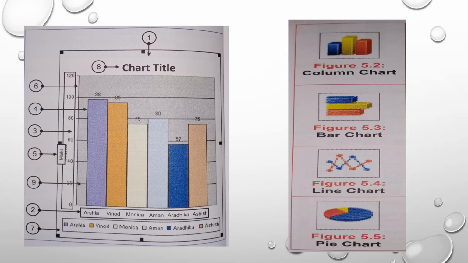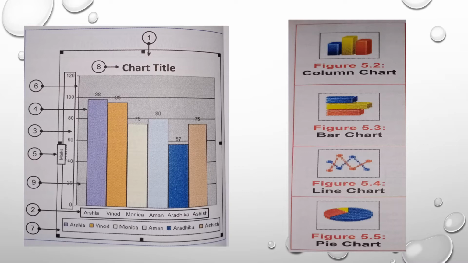The title helps in understanding what is being displayed on this axis. Plot area. The plot area is the window within the chart area. It contains the actual chart and includes the plotted data, data series, and the category and value axes.